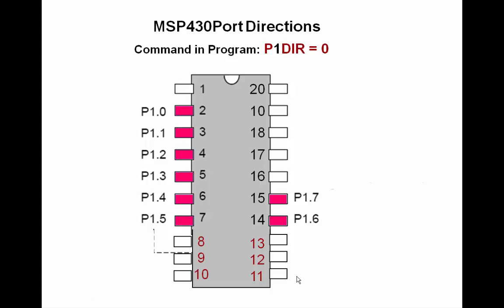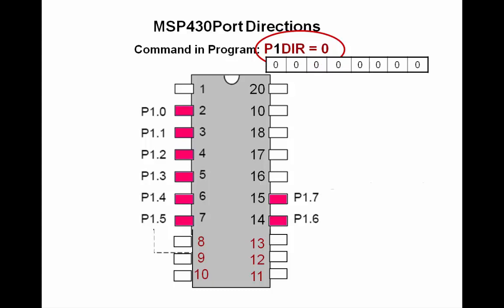Let's talk about port directions. The pins of a port in either of the microcontrollers used in this experiment can be set to receive signals or send out signals. In the case of the MSP430, a command in the program called the dir command is used to set the direction of the pins of the port on a pin-by-pin basis. The example that we will use in this tutorial is the command P1 dir = 0.